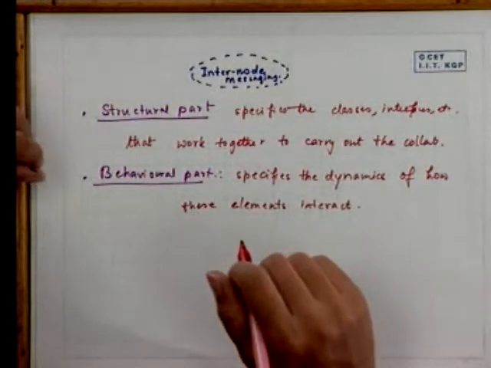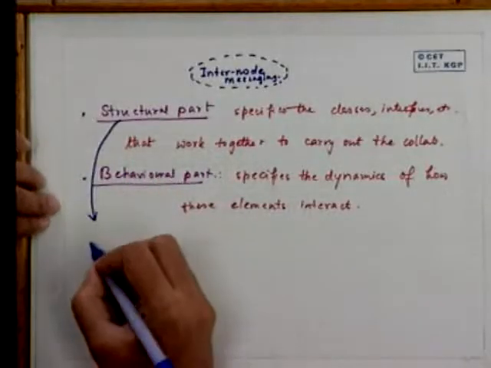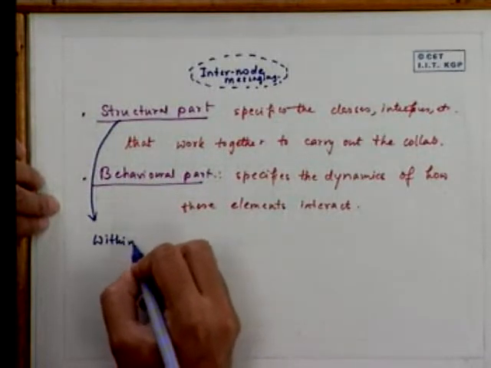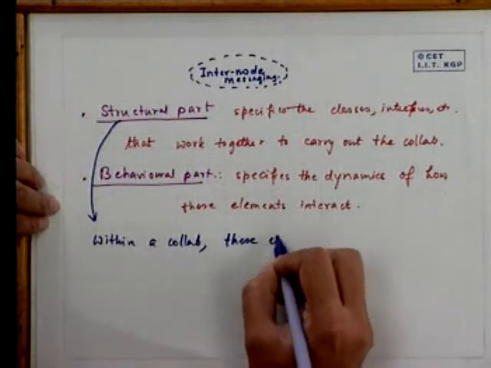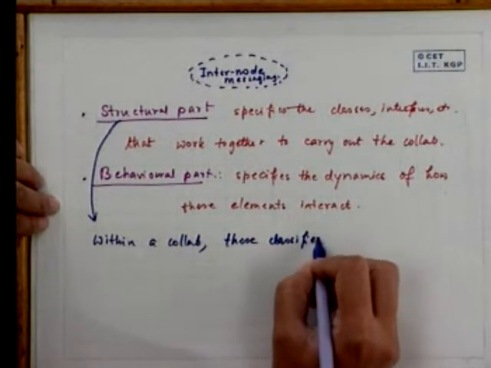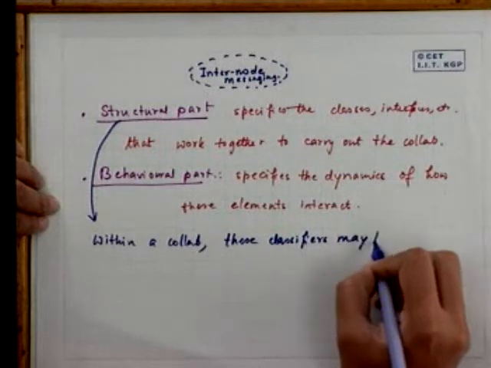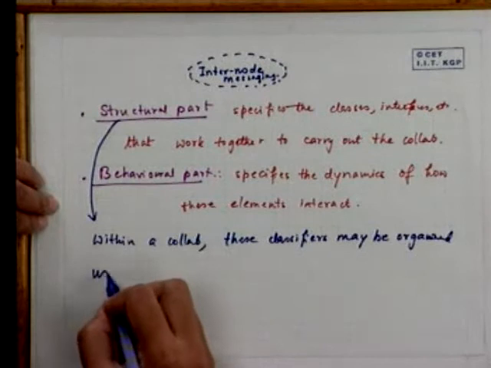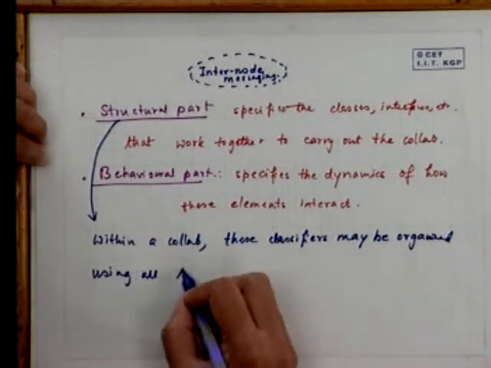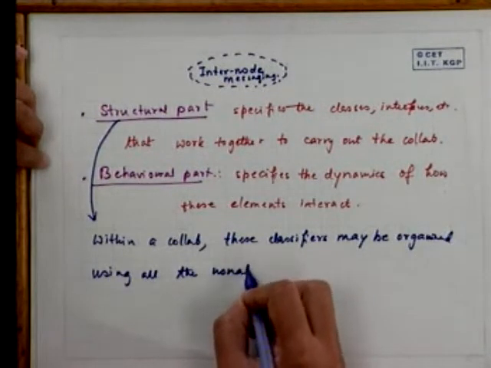The behavioral part of a collaboration is typically rendered using an interaction diagram such as a sequence diagram or a collaboration diagram. Now about the structural part, within a collaboration, these classifiers may be organized using all the usual UML relationships.